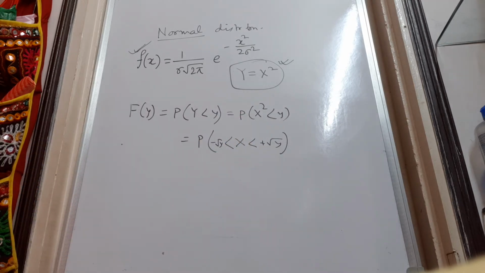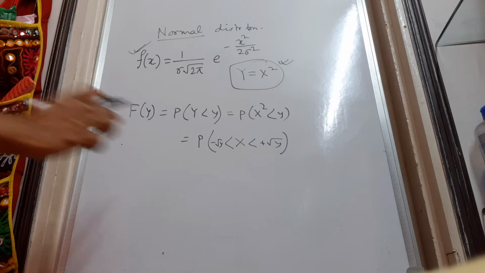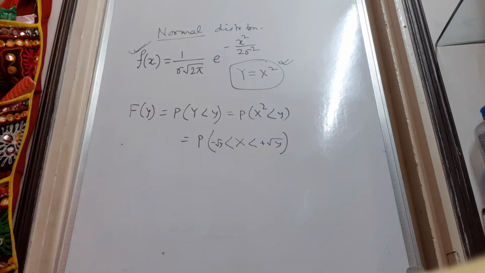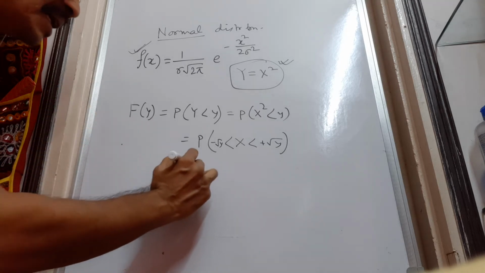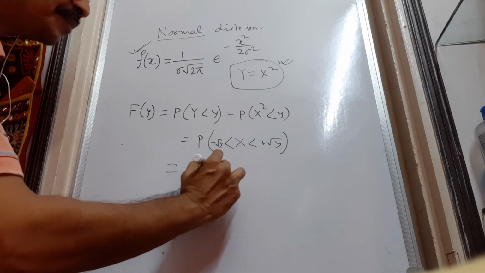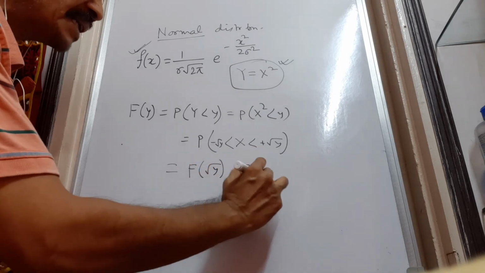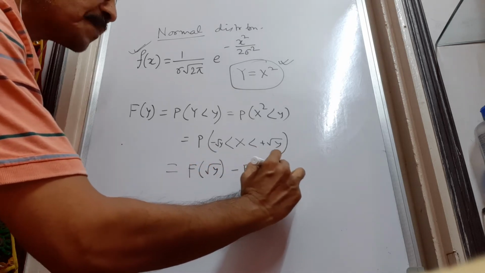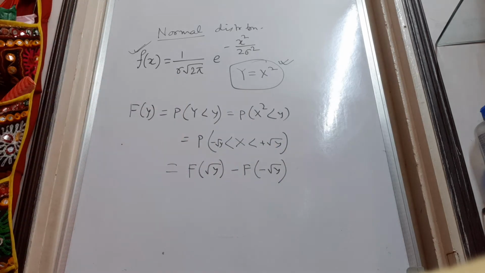This is quite obvious. And from this, using the concept of distribution function, we may write that this is nothing but F of root y minus F of minus root y.